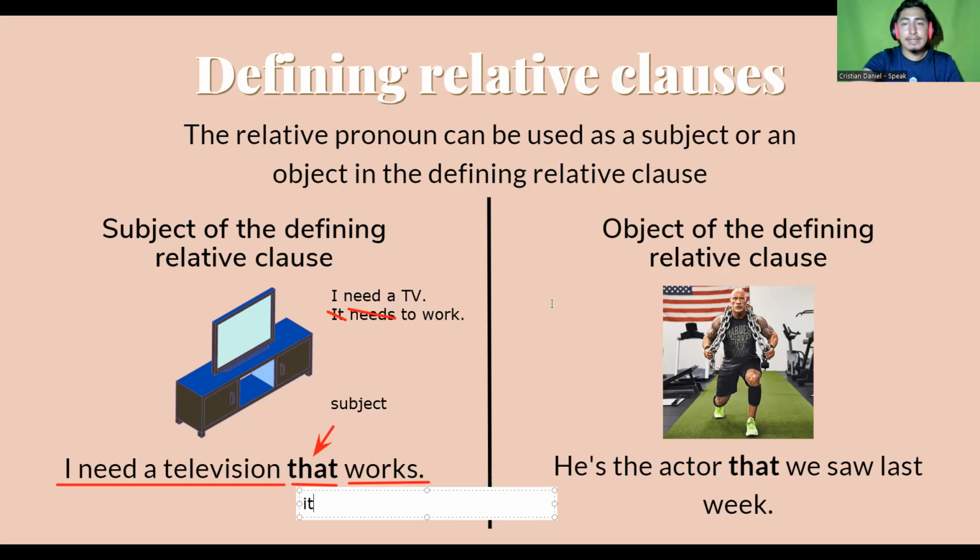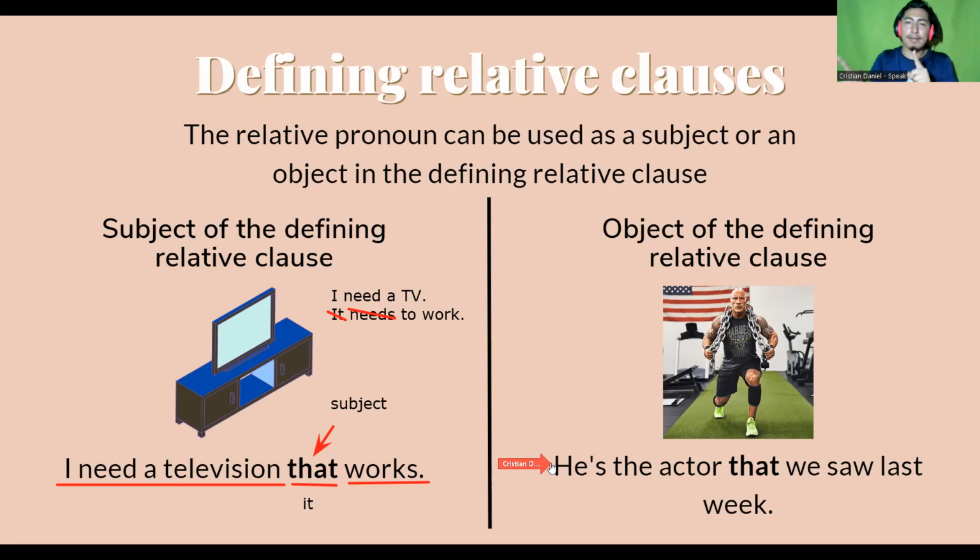Now pay attention to the second example, which is the object of the defining relative clause. Look at the sentence. He is the actor, main clause. He is the actor that we saw last week. Defining relative clause.